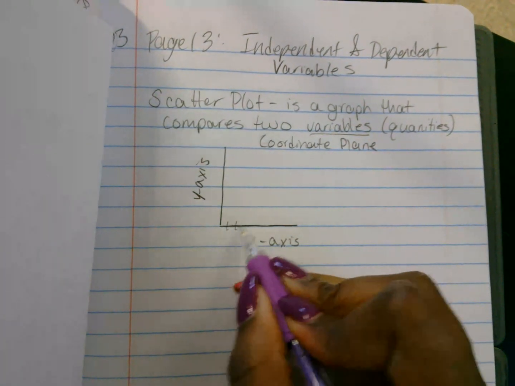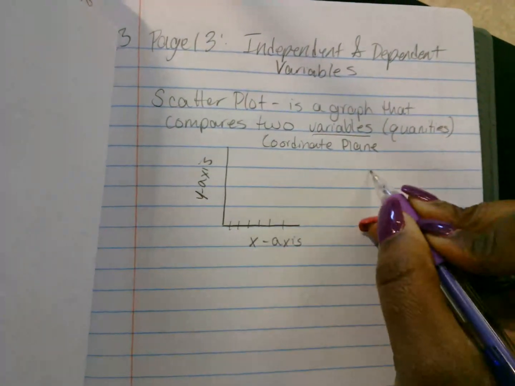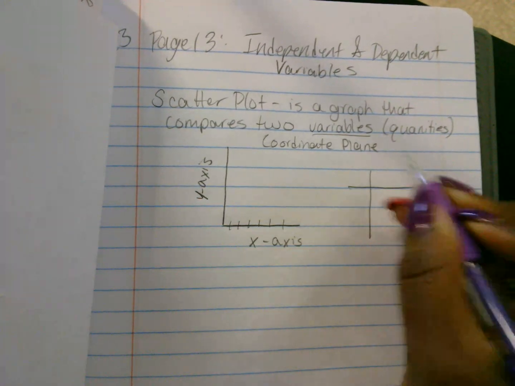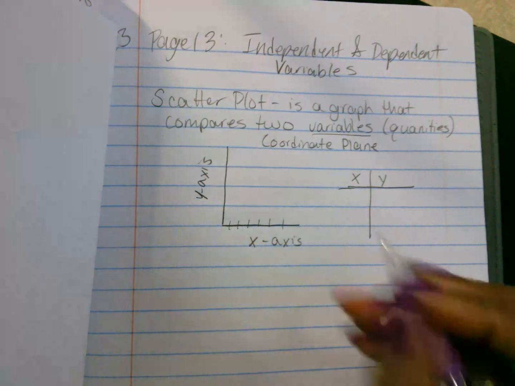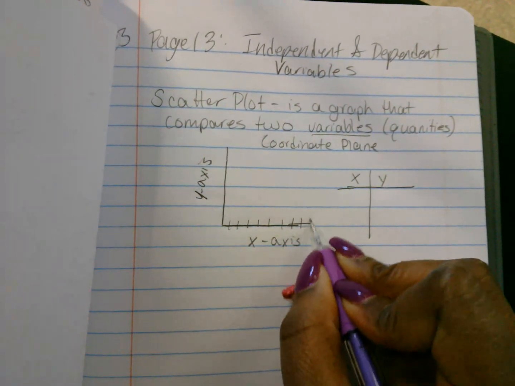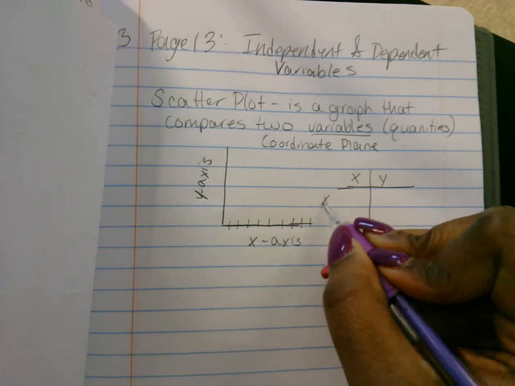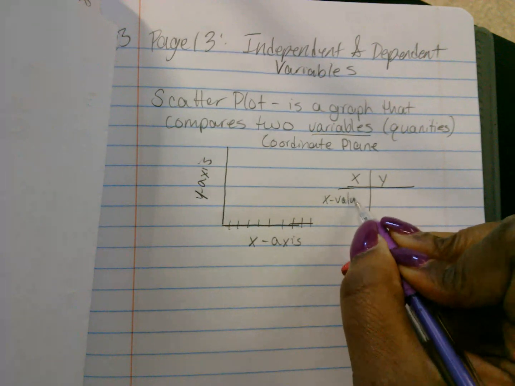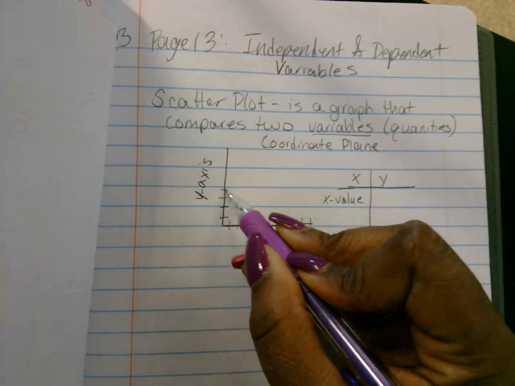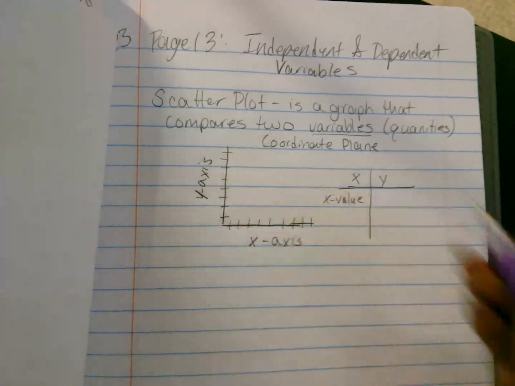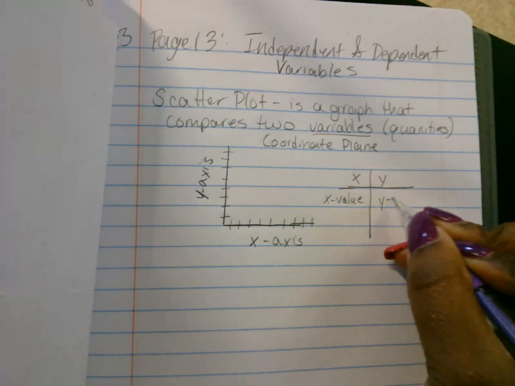For the most part, there are different names for both x and y. Our x values, we can call x values. Our y values, or the numbers along the y-axis, we call those our y values.